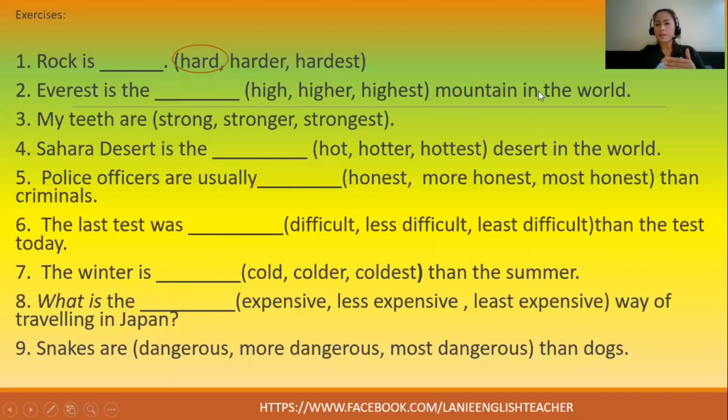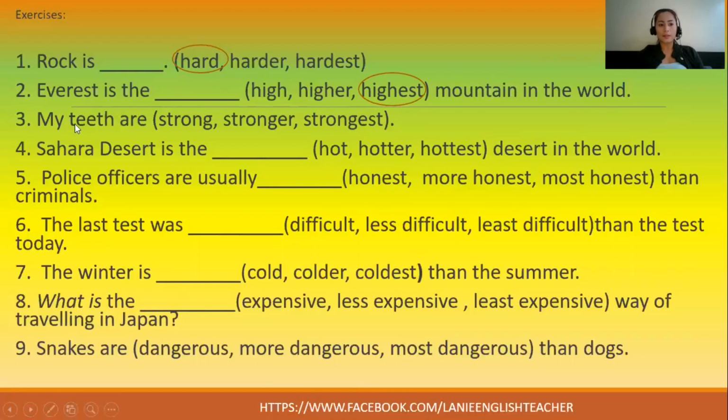Another thing that signals superlative form is the phrase in the world. Right? So among the choices, which one here is in superlative form? High, higher, or highest? It must be highest. So Everest is the highest mountain in the world.